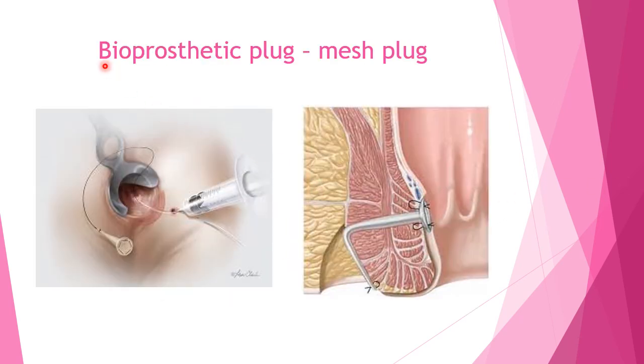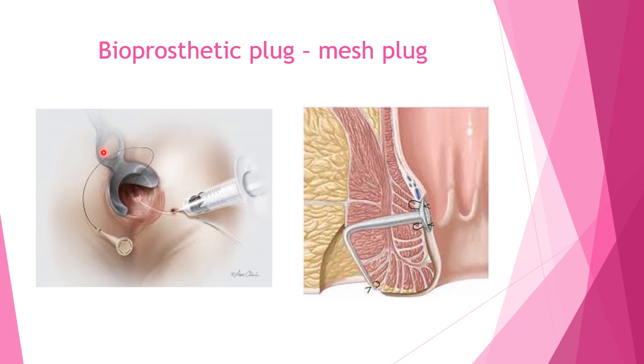The next newly available treatment for fistula in ano is the bioprosthetic plug, where a mesh plug is placed into the fistula tract from the lumen of the anal canal. It is pulled out and it is placed in the fistula tract here.